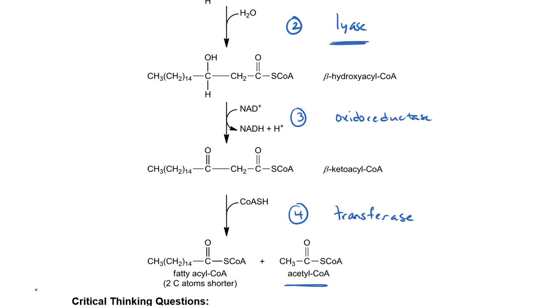It might be the easiest for you to figure this out by the process of elimination, but let me walk you through this one. It is in fact a transferase. If you look at the 2 reactants, they are coenzyme A and this molecule, the beta ketoacyl coenzyme A. And what you're doing is breaking it apart right here. This part of it becomes the acetyl-CoA.